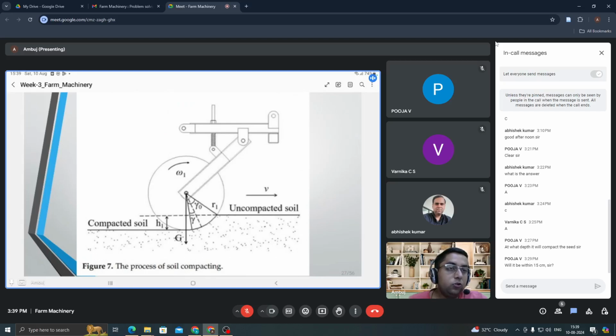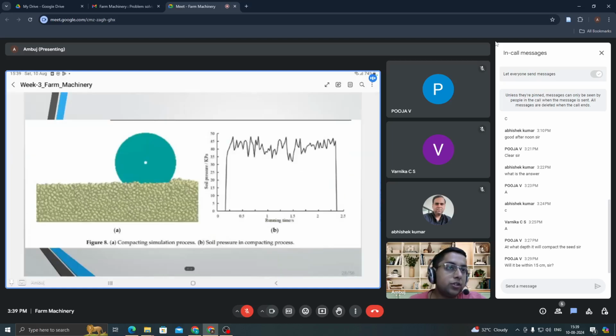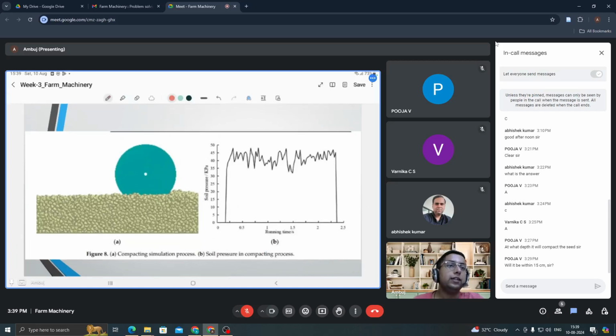If you get an idea regarding the soil compaction, then you can go for simulation also, as shown in this figure. After the simulation, you will be able to run this disk along with its load in the virtual soil bin. Each and every constraint you just have to give, and then you would be able to simulate the entire process in the computer before designing.